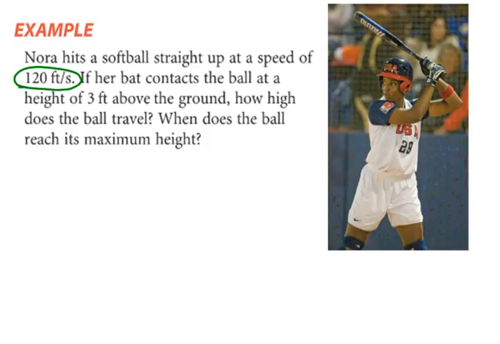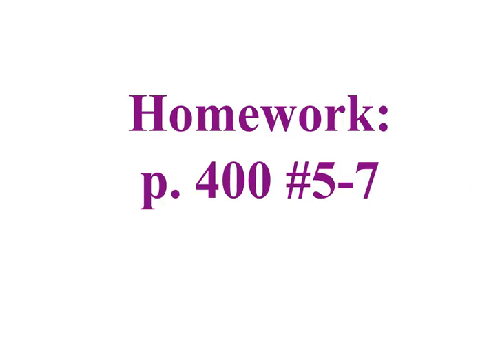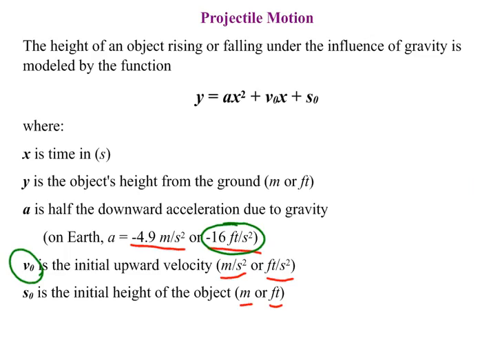So again, we're paying attention to not just the number, but also the units. If her bat contacts the ball at a height of 3 feet above the ground, so 3 feet is going to be our S sub 0, the initial height of the object, in feet, right? So we now know what we're going to plug in for A, for V sub 0, and for S sub 0.